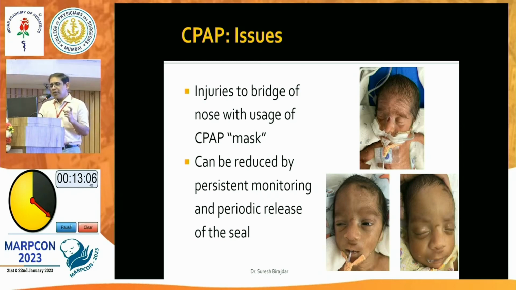Anything that causes pressure on the bridge of the nose can cause ulceration of the skin, as you can see in the first picture. However, over a period of time, these injuries do heal, and we can reduce the incidence of this injury by persistent monitoring, and you can periodically release that mask so that there is no persistent pressure.